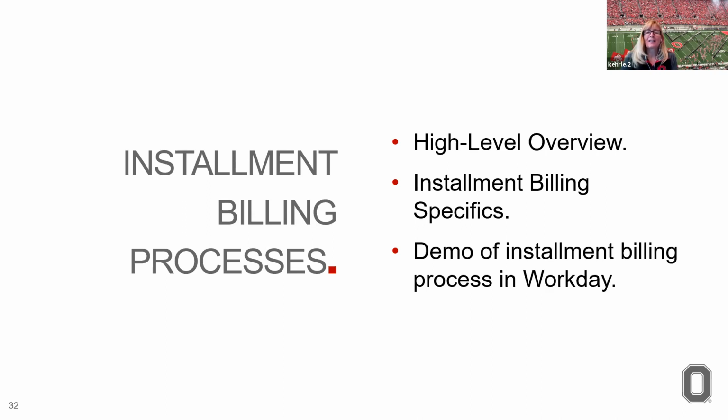Installment billing has at times been referred to as hybrid billing, since it uses two processes within Workday for invoice creation. It actually creates two invoices: one is an installment invoice and another is a utilization invoice. The installment invoice is created based off that entered schedule, so it's based off of the amounts that we're billing to the sponsor.